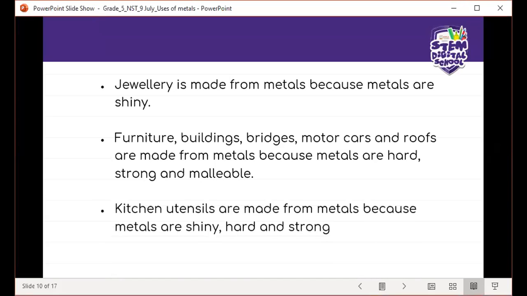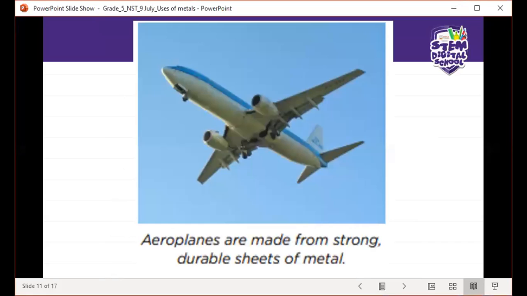Okay, so kitchen utensils are made from metals because metals are shiny, hard, and strong as well. Here we have an example of airplanes which are made from strong, durable sheets of metal. So another interesting term here that we see is durable. What does the word durable mean?